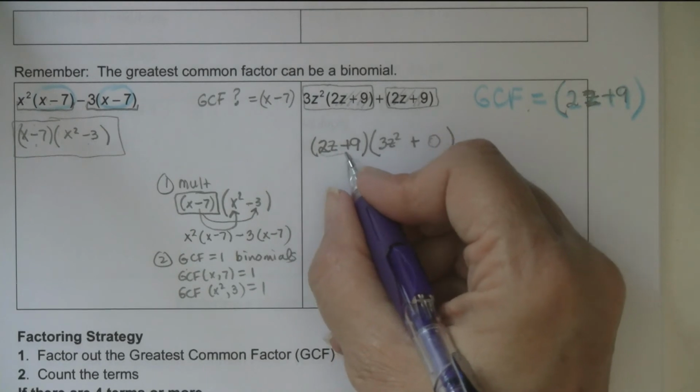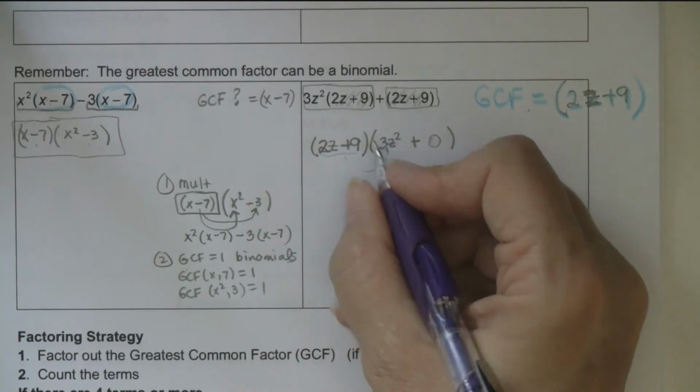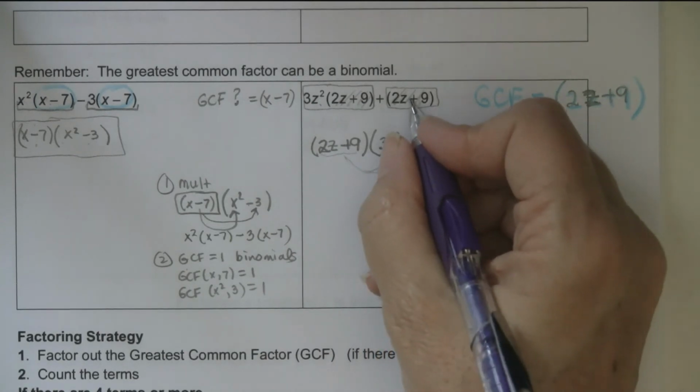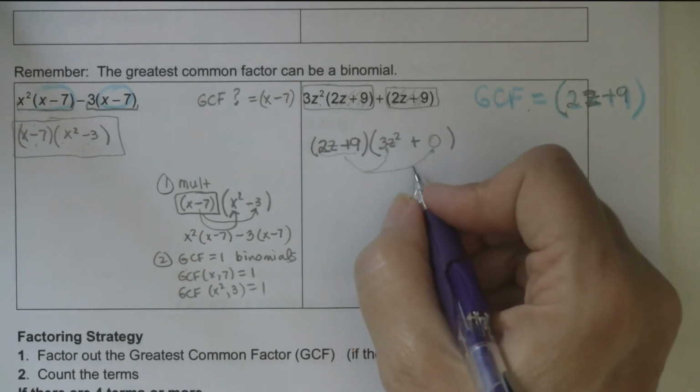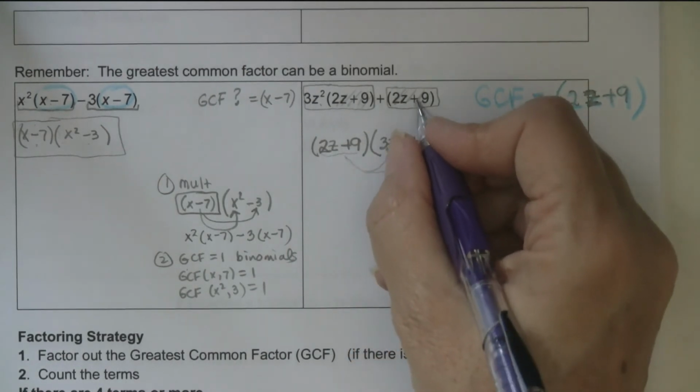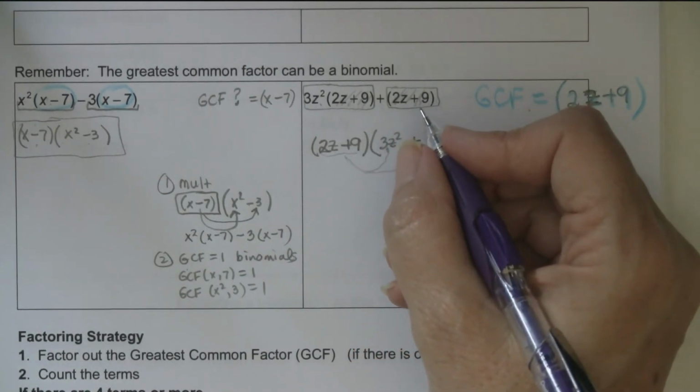But when you multiply this together with that, you want to get this. And when I multiply this together with that, I want to get that. So if I put 0 there, it's a common boo-boo. Well, 0 times anything is 0. It's not equal to 2z plus 9.